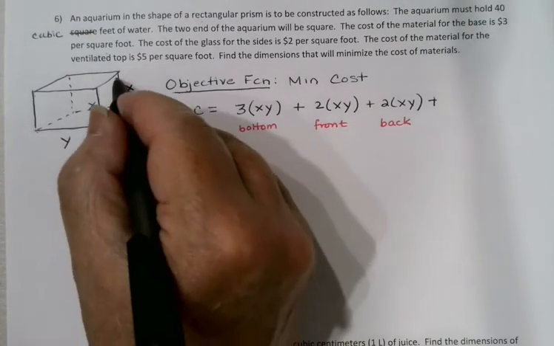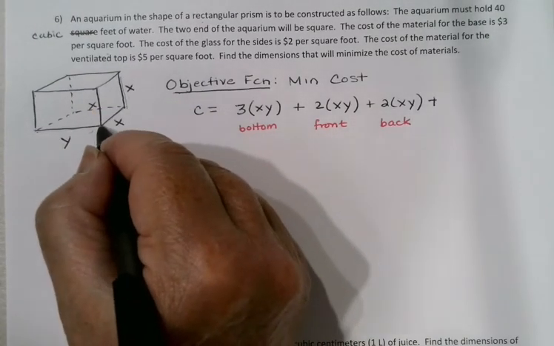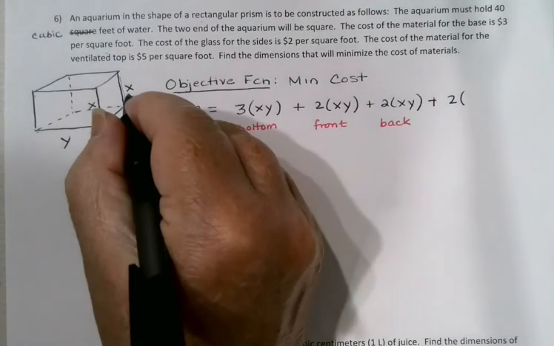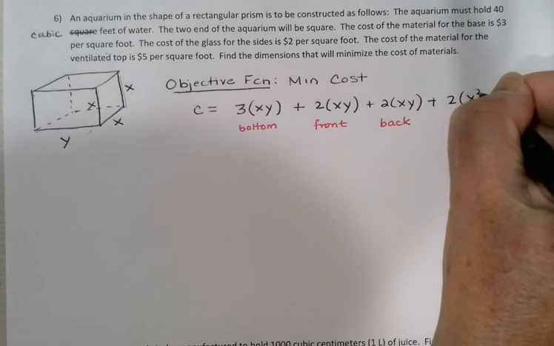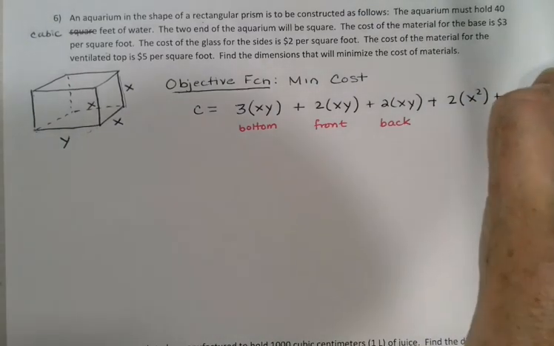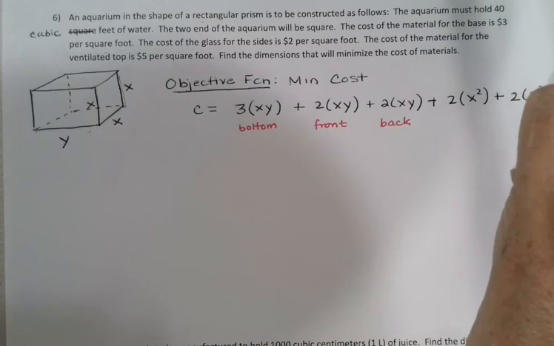The right side is x feet by x feet. It's also glass at $2 a square foot. So 2 times x squared. And then the left side would be the same, so another 2 times x squared.